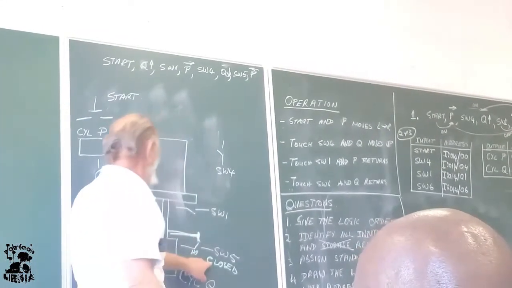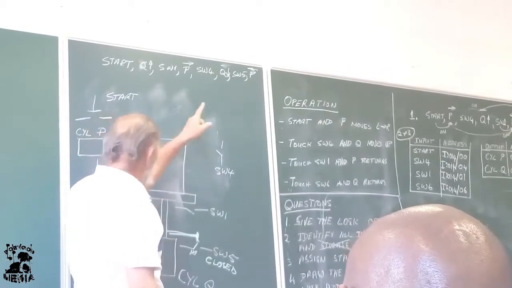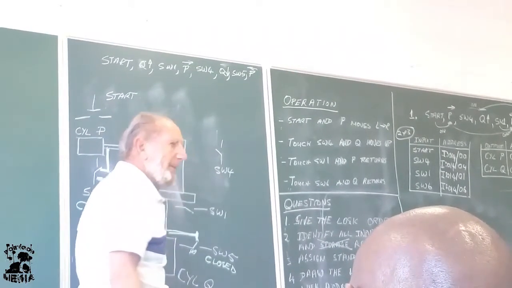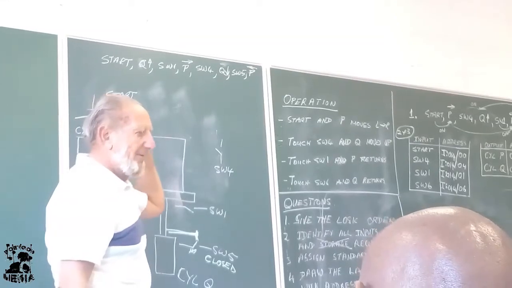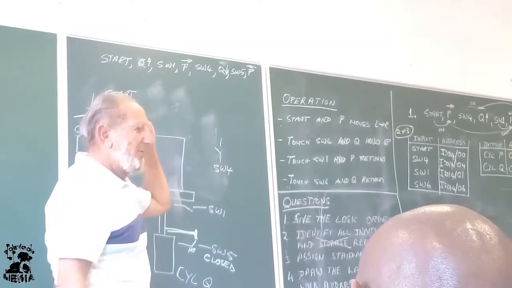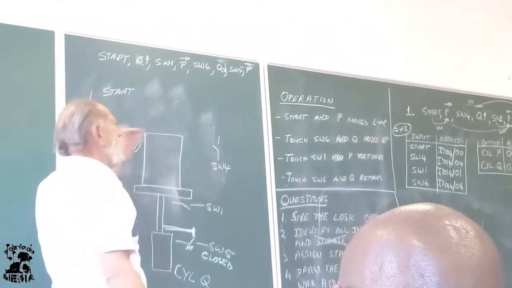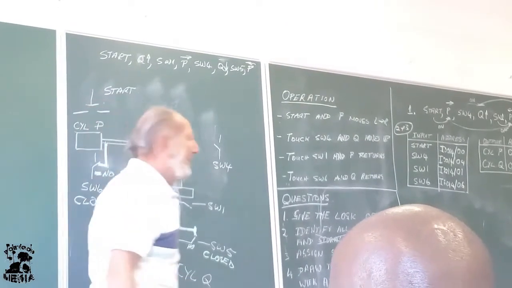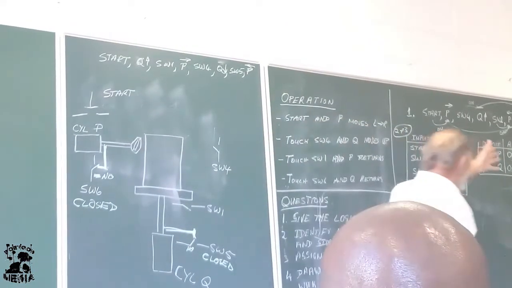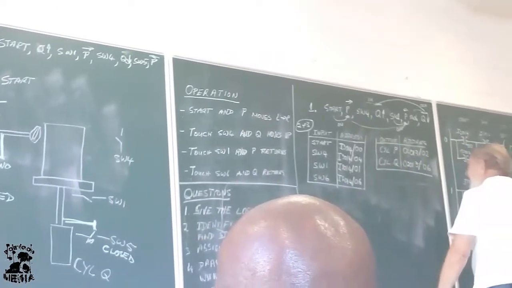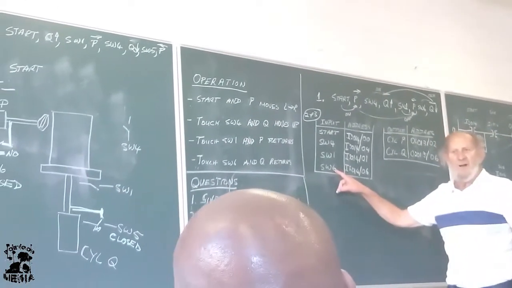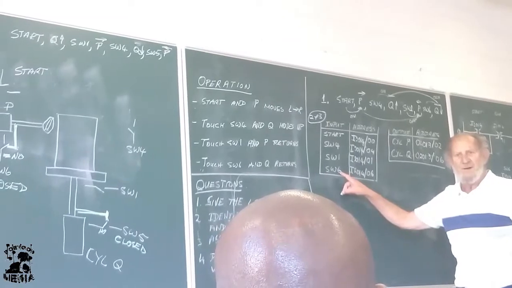Switch 5 is there. What is the job of switch 5? To make P come back. Right? Where is P in the beginning? It is back. No problem. So the design is going to be similar, but there will be switch 5 here instead of switch 6.